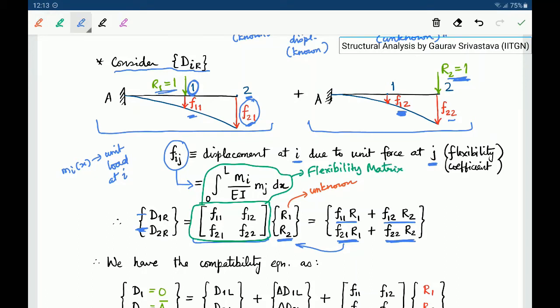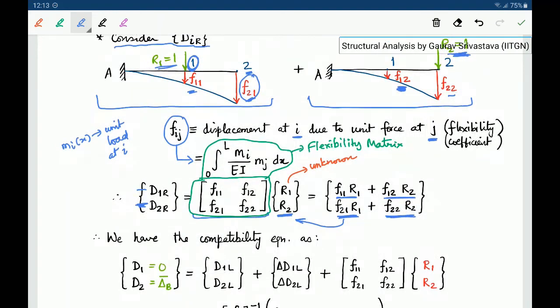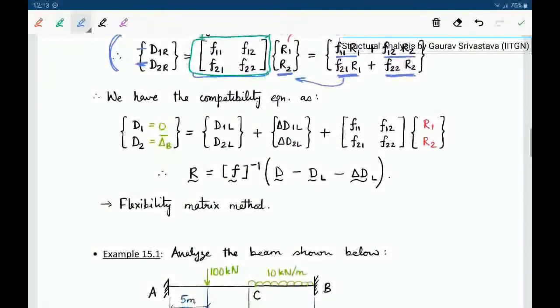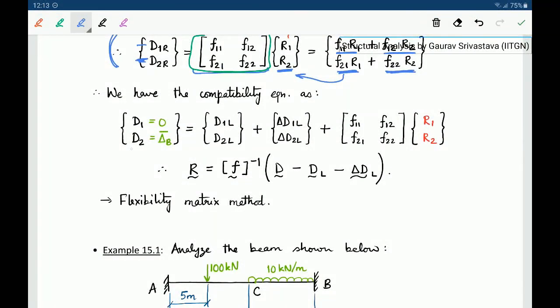Okay, now when we put this definition of D1R back in the compatibility equation, what we have is this total displacement. Now here we have also said that D1 equals 0 and D2 equals delta B bar. Oh, actually it should be the other way. So D1 is delta B bar and D2 should be 0.